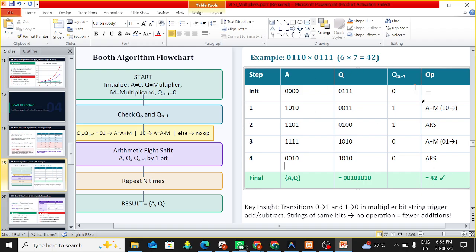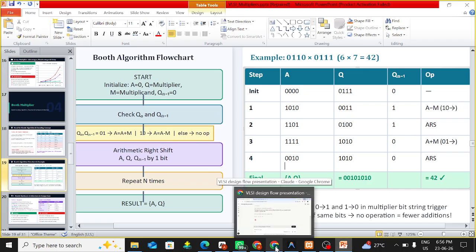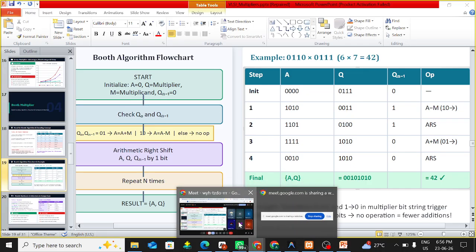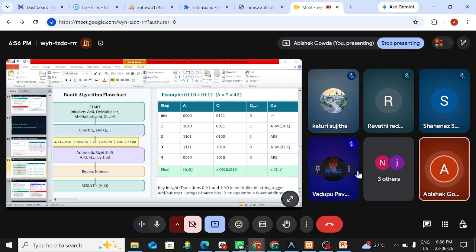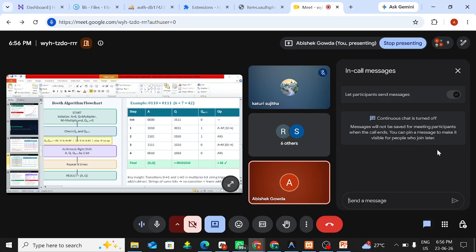So this is how the Booth algorithm is going to work based on the flow chart. I hope everyone got how this Booth multiplier works. Guys, have you understood the concept of how this Booth multiplier is going to work? You have no doubts regarding this Booth multiplier?